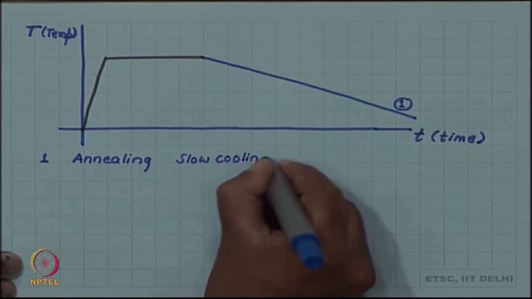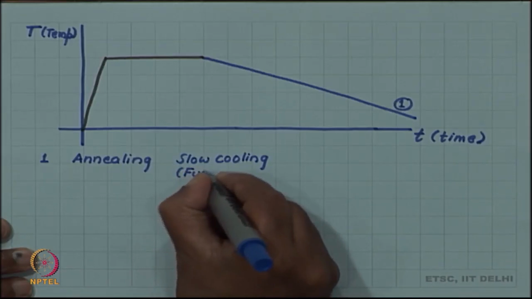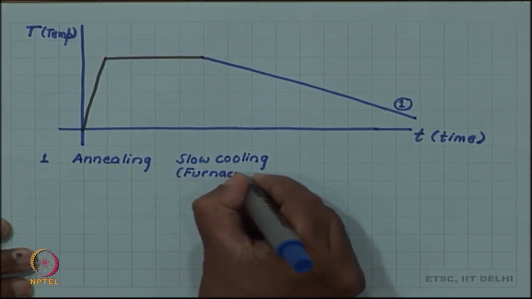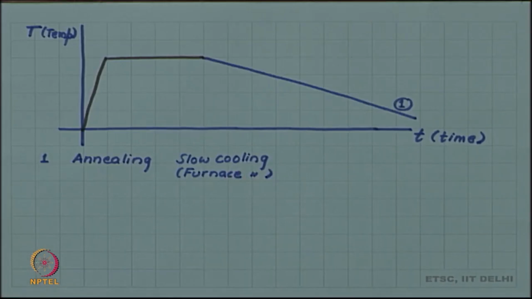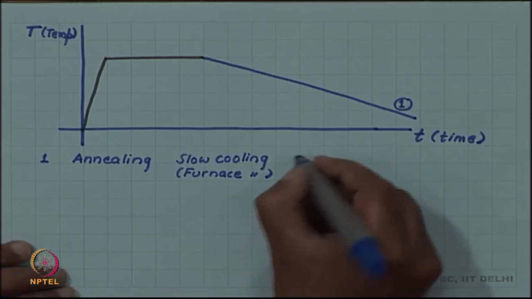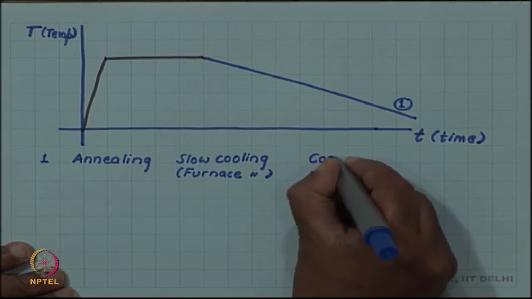This slow cooling is so slow that it is called furnace cooling, which means you simply switch off the furnace and do not take out your sample. So, it will cool along with the furnace and the cooling will be very slow. This is the heat treatment which gives you coarse perlite.